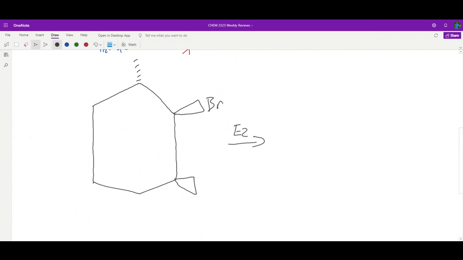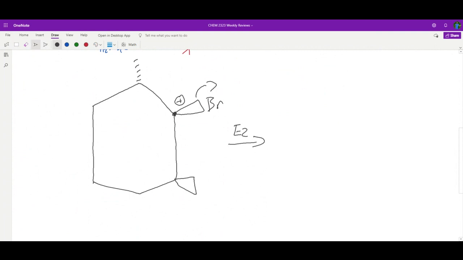Okay, so looking at this is my carbon that, once this leaves, we have a carbocation. But again, the carbocation doesn't matter for E2. Same for SN2, it doesn't matter. Only for SN1 and E1, carbocation matters.